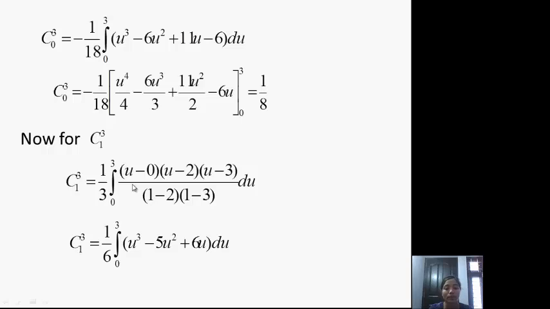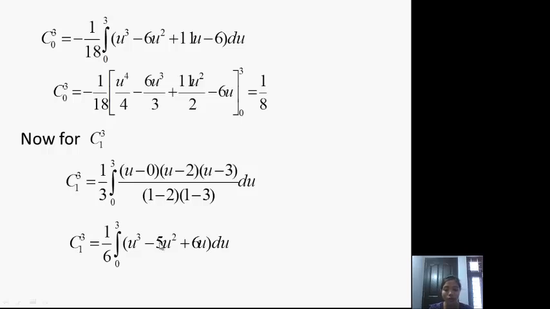Again follow the same procedure for C_1^3, that is 1 upon n, that is 1 upon 3, limits 0 to n, 0 to 3, and our L_i(u) will be (u minus 0)(u minus 2)(u minus 3) upon (1 minus 0) into (1 minus 2) into (1 minus 3). Here 1 is the number for which we have to find the Cotes number.